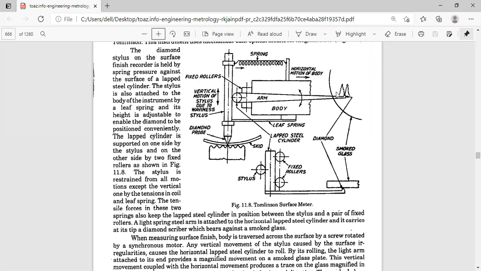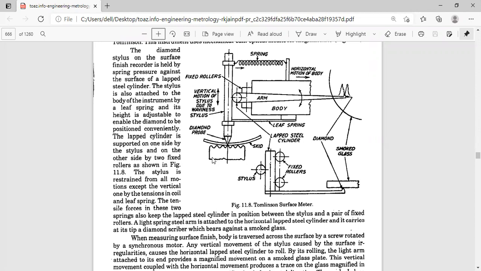And it will be carrying at its tip a diamond scriber, just like a scriber. So it will be just touching a smoked glass screen. Whenever the movements of the stylus take place on the test specimen of a particular roughness height, because you are going to measure the average roughness height, you can have the trace of these movements, the particular roughness value or the waviness value.